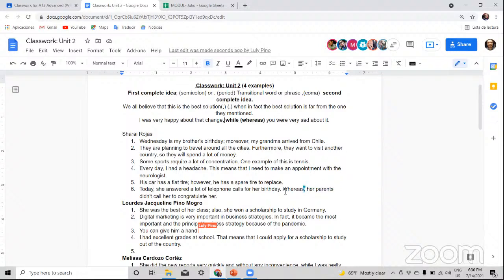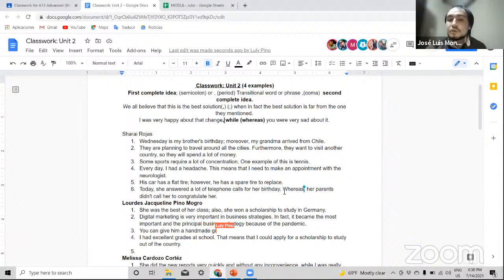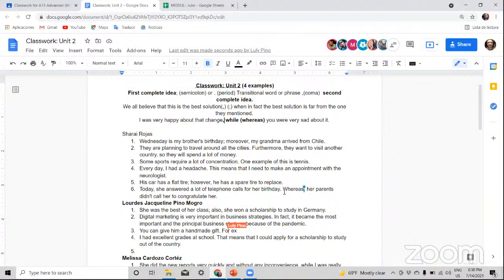Good. So, just in summary, we don't use a period with whereas, and we are not going to use a semicolon unless it's very necessary, but that's the maximum. The thing we always use with whereas is a comma. Only one comma before whereas. We don't use a second comma after the word.